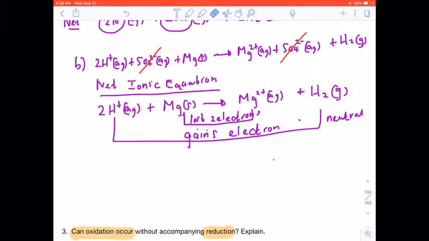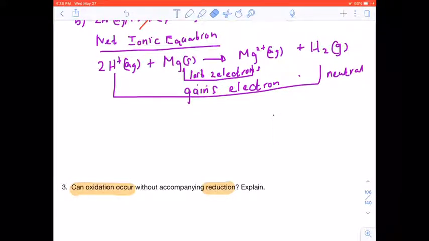So the species that lose electrons, we say, undergoes oxidation, right? So what we in essence saying is, can we have one species losing electrons and the other one gaining electrons? Can one lose and the other one cannot gain electrons? No, that doesn't happen. If one loses electrons, some other species have to gain electrons, right?